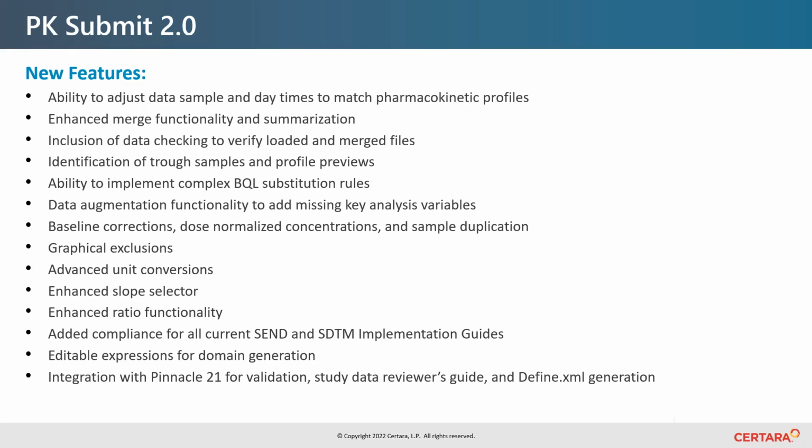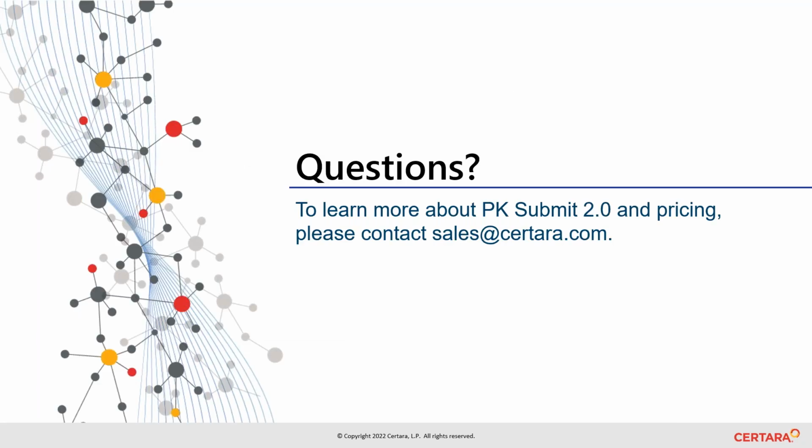And finally, we do have that integration with Pinnacle 21 to produce the validation report, but it's also this community version of P21 that's going to be producing the data reviewer's guide and the define XML file. So that's why I'm concerned that we may need more than 30 minutes.